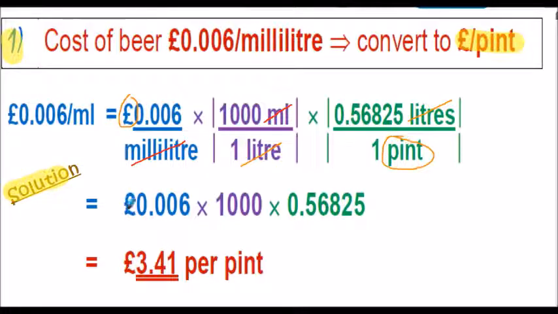So the calculation shown on the next line, 0.006 shown here, it's multiplied by 1,000, shown here, and then that's multiplied by 0.56825, shown here. So 0.006 pounds per millilitre evaluates to £3.41 per pint.